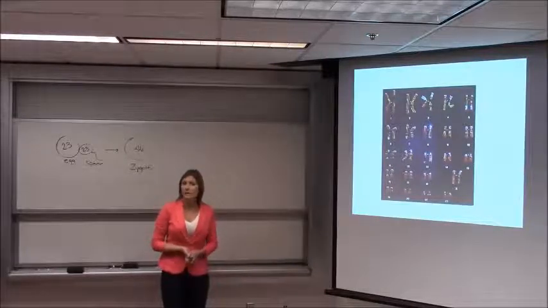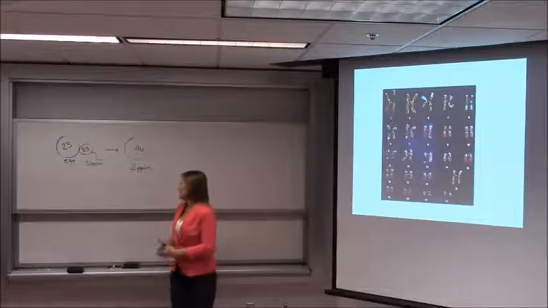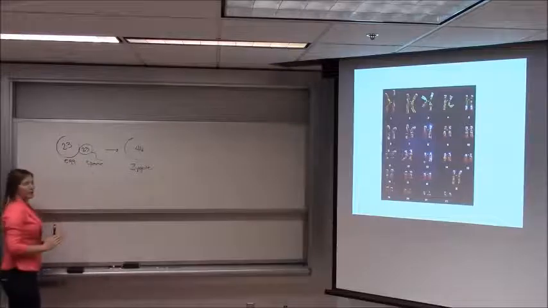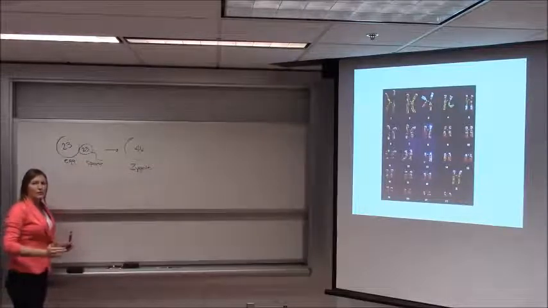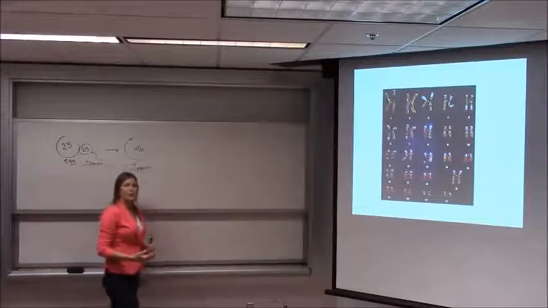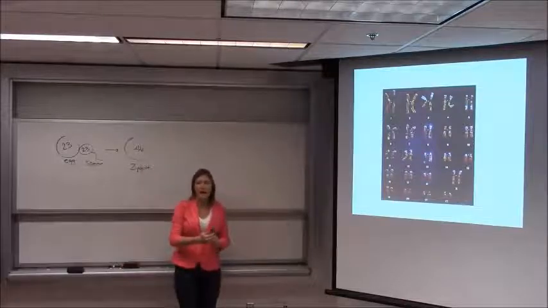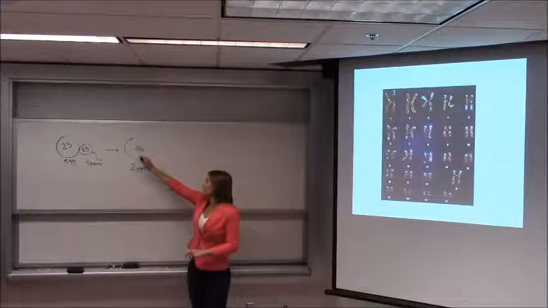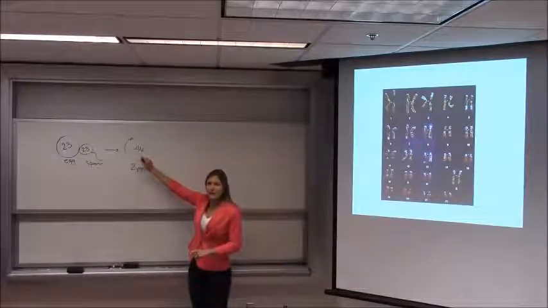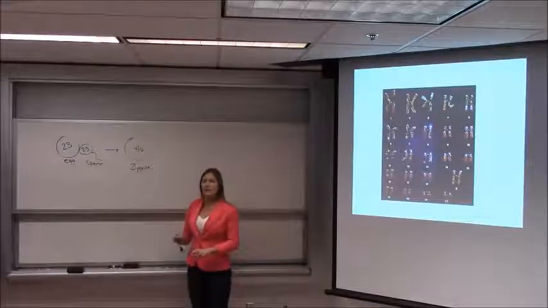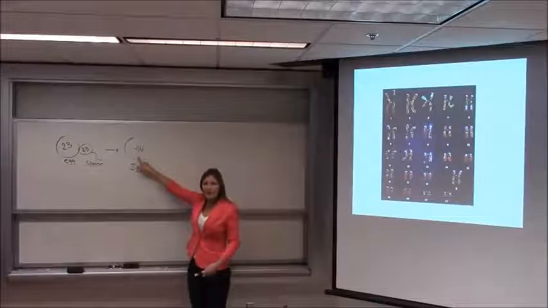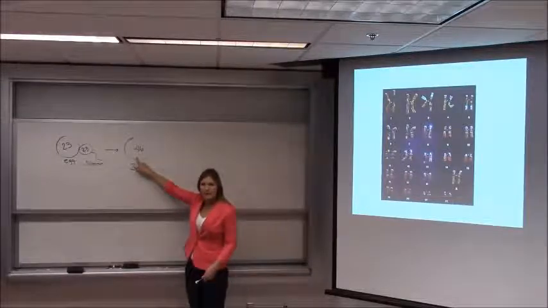It's important also to note that if something goes wrong during the production of the egg and sperm, and this chromosome number is not correct, or a bad sequence of DNA is inherited, this original zygote is going to divide to produce every cell in your whole body. So if there's a mistake here, then every cell of your whole body has that mistake.